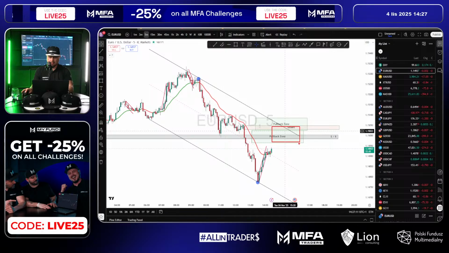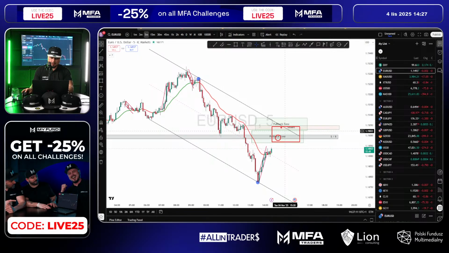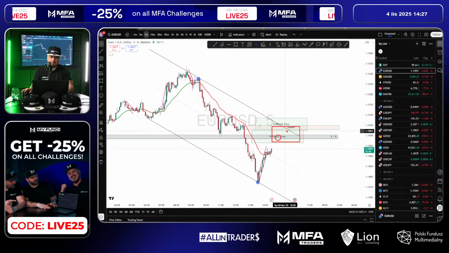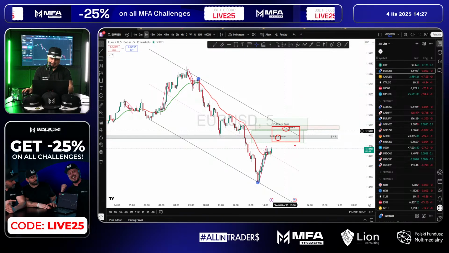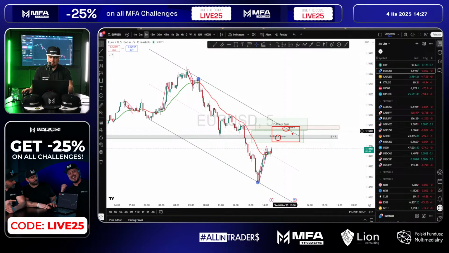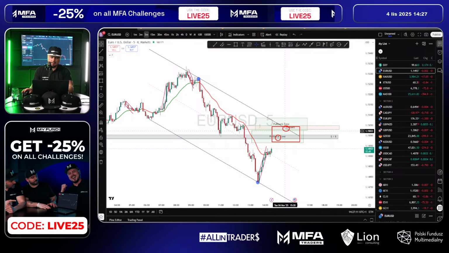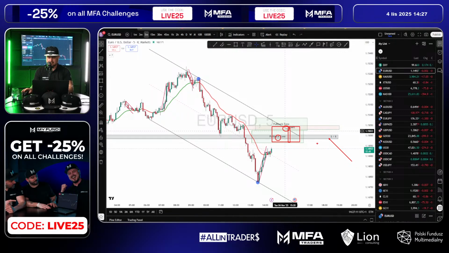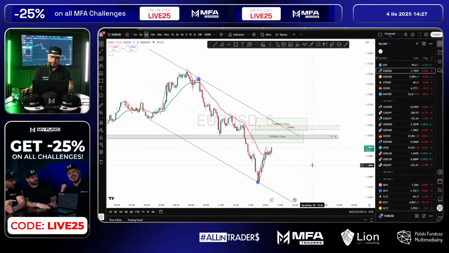This area over here. Maybe it's gonna be here, maybe a little bit higher, maybe at the edge of the rotation channel. This place will be the best, okay? So seller zone, rotation channel, and after reaction, if the price closes under the support resistance zone, we're gonna be able to open the trade.